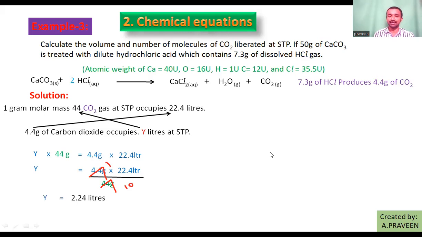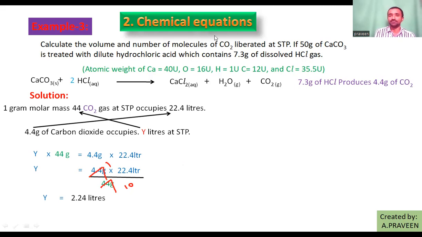So y is equal to 2.24 liters. y is equal to 2.24 liters. So what is it? Volume. So 4.4 grams of carbon dioxide occupies 2.24 liters of volume. Here 44 grams of carbon dioxide occupies 22.4 liters.